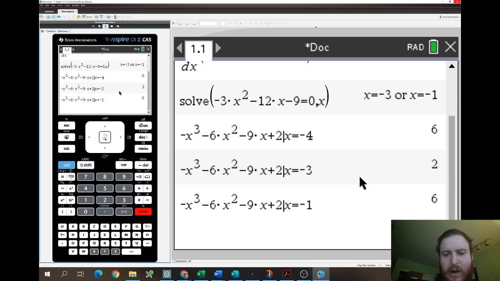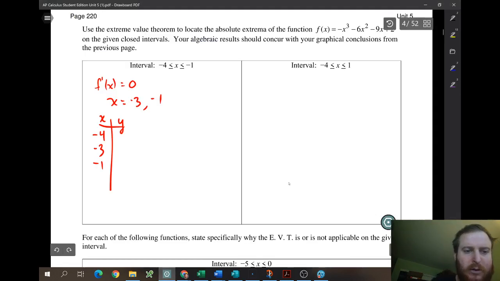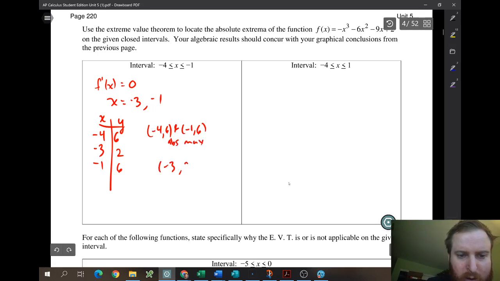Now, we got these same values on the graph when we did it with the graph, but it's important to be able to do it with the calculator as well. So we had 6, 2, and 6. And now we're using this to find our absolute max. So -4, 6, and -1, 6 are our absolute max. And -3, 2 is our absolute min.